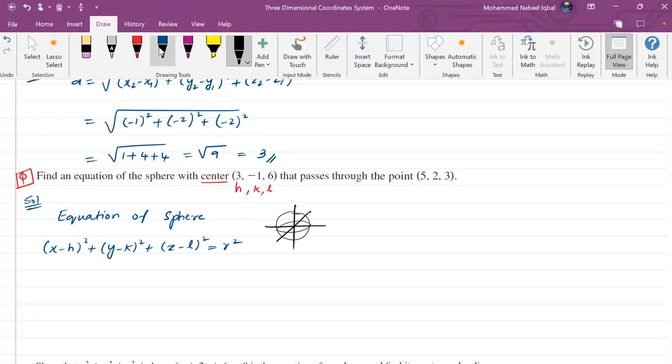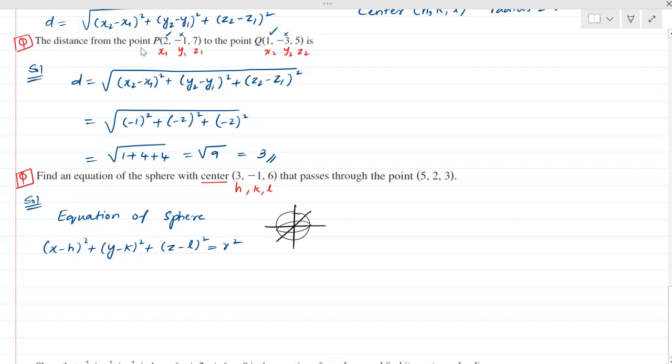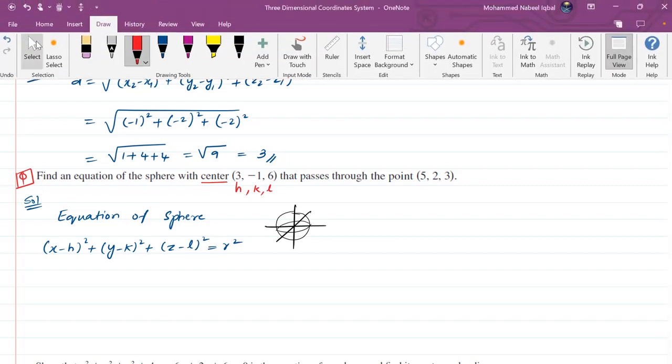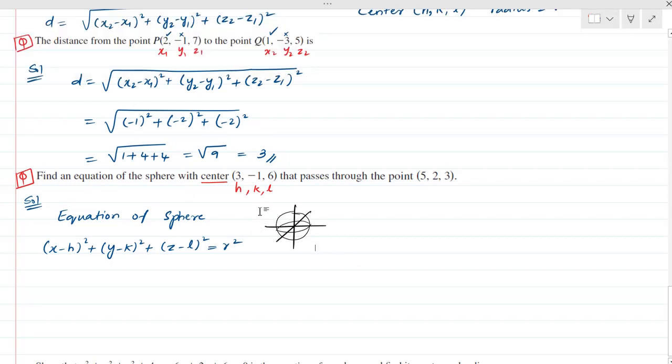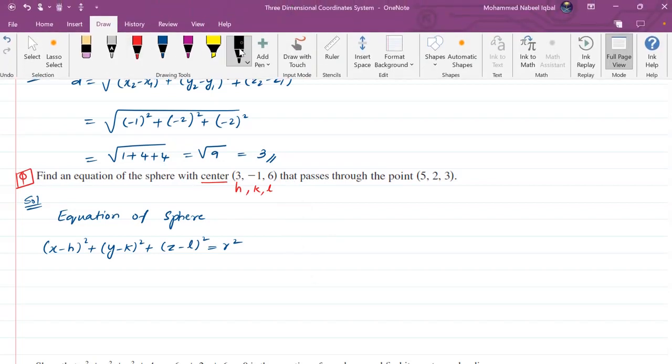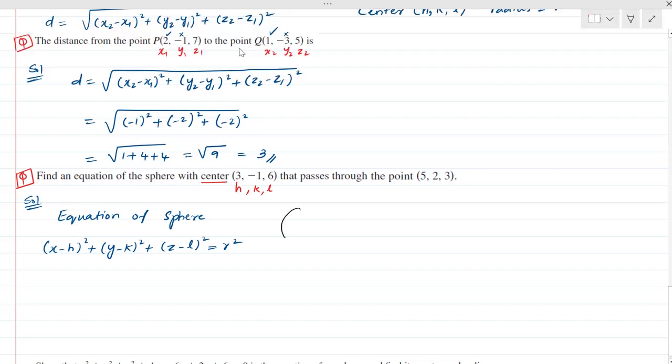The center is given here, so it is not at the origin, therefore the center is not the same. So I think maybe I will take any sphere, this one is about the origin, I will take a sphere here, this is a sphere.